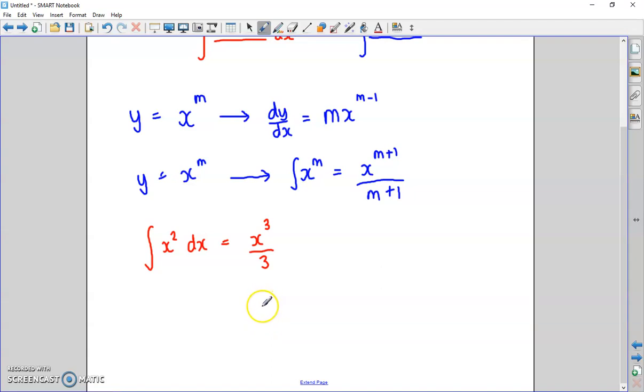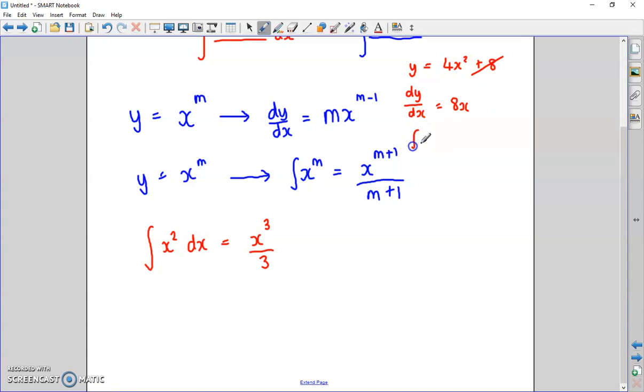Now the other thing you've got to be careful of when you integrate, now let me show you a quick differentiation here. If I was differentiating 4x squared plus 8, dy by dx would be, the 2 comes down and multiplies, it would be 8x, and that 8 would disappear. Okay, so that goes.